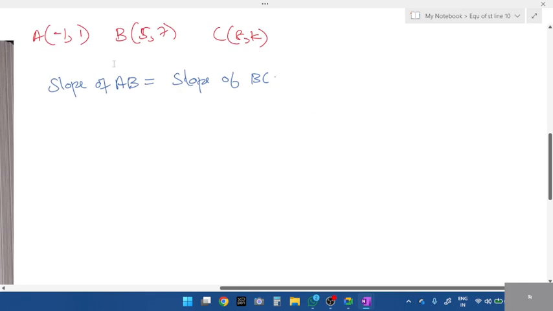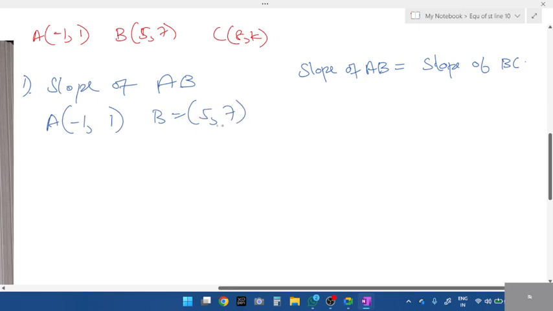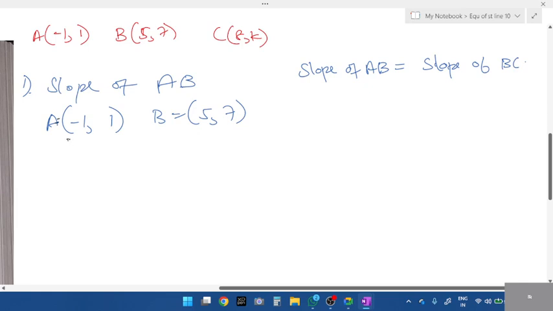Now let us calculate the slope of AB. See, I'll keep this aside. You have to do it one below the other. First write slope of AB. For slope of AB, take A value. A is (minus 1, 1). B is (5, 7). We need to use the slope formula. See, there are 2 points, X1, Y1 and X2, Y2. What is the formula when 2 points are given, students? All of you respond.